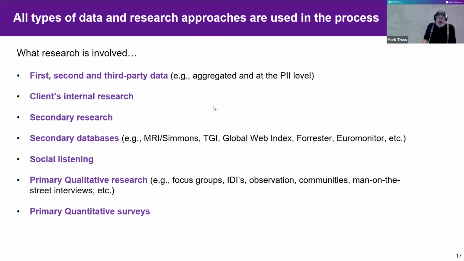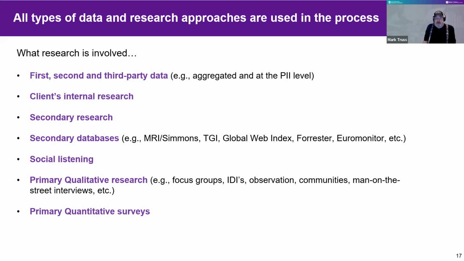What research is involved? Everything, right? First, second, and third party data, aggregated or at the PII level, individual level. So the client may have customer data and make that available for you to analyze or understand.